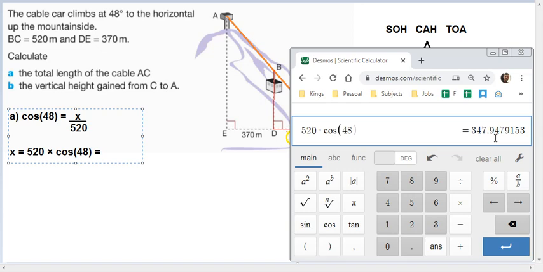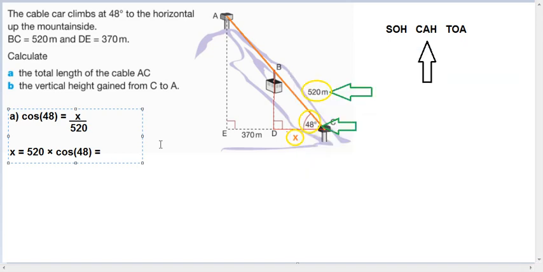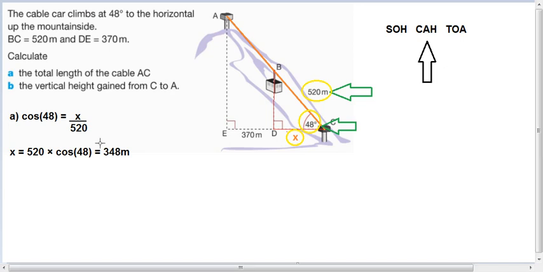So I'm gonna round it to 348 meters. So this 348 meters is x. So we already know the length of x. X is 348.